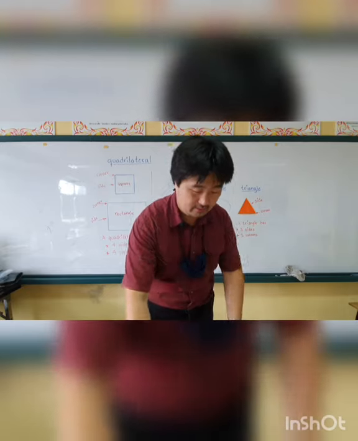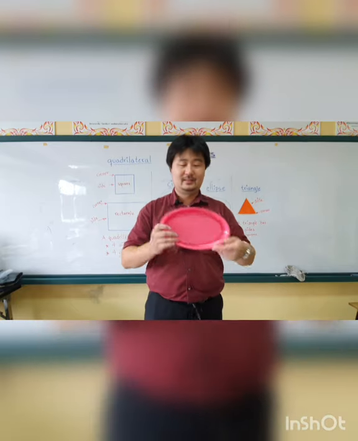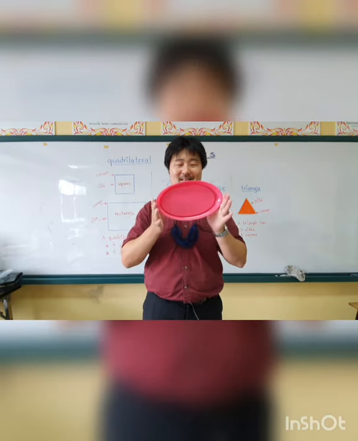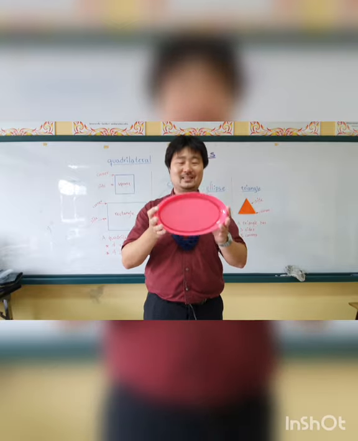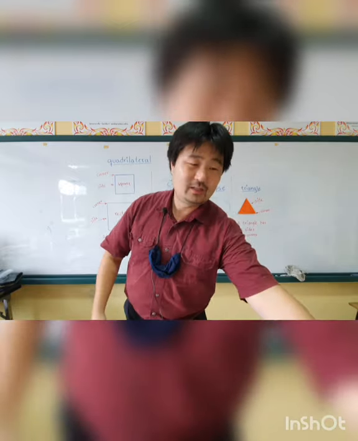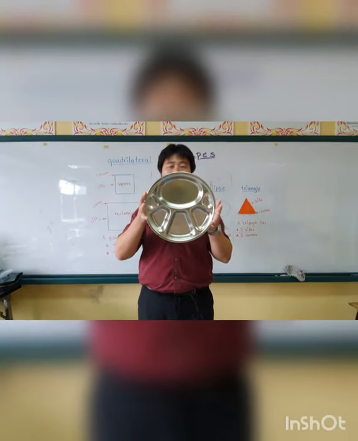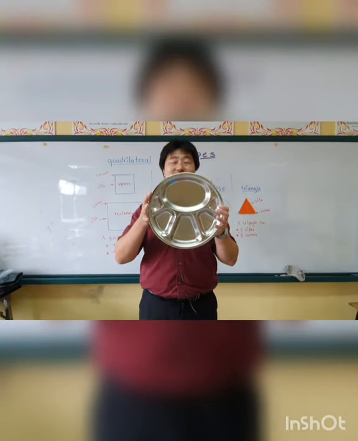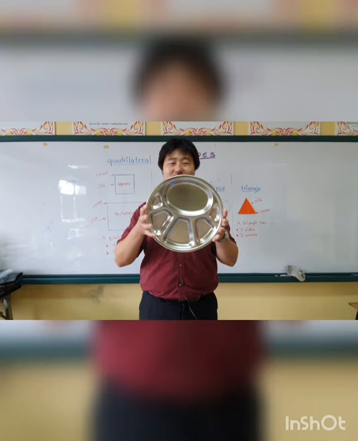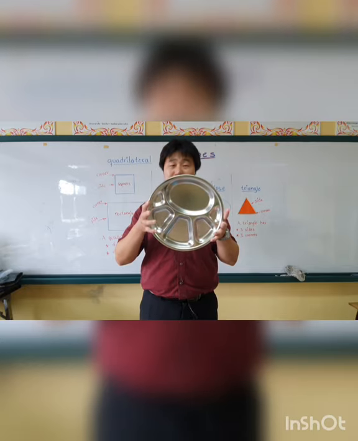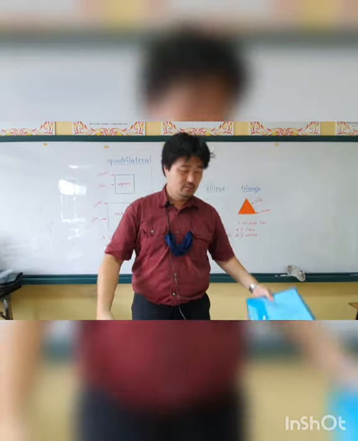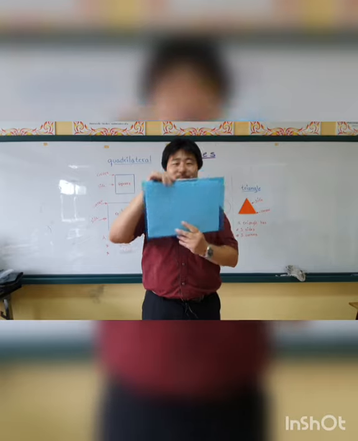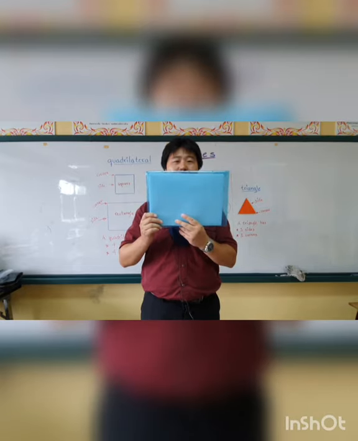Okay, and what is this? What shape is that? It's an ellipse. Yes. And what shape is this? Yes, it's round, but what is the shape called? It's a circle. Yes. And what is this? The folder, what shape is that? Quadrilateral.